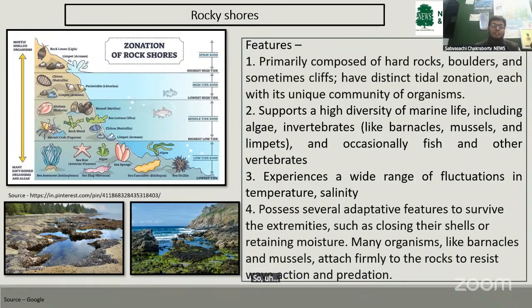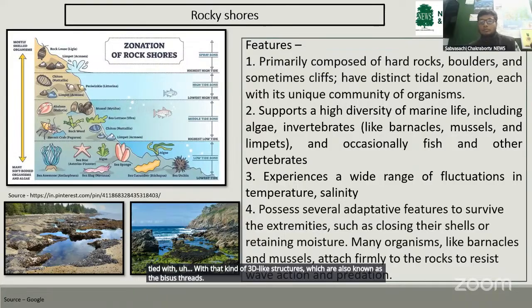Those mussels or barnacles are attached to the body of the rocks, and sometimes you will also find that these mussels are tied with thready-like structures which are known as the byssus threads. You will find green algae, mosses also.